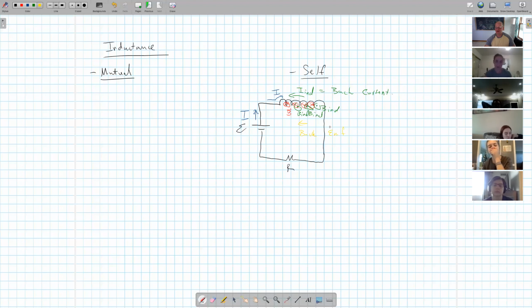What's really happening is I get a potential difference across this inductor, which we call the back potential, equal to negative L times the change in current over change in time. L here is what's known as the self-inductance.